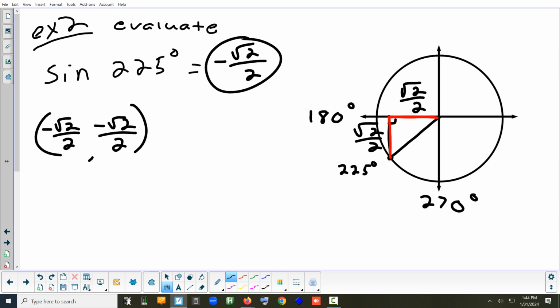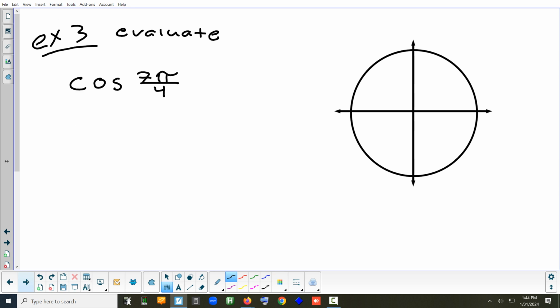All right, let's try 7 pi over 4. Well, let's start with this. We did that earlier. What's pi over 4? 45 degrees. So this is definitely a multiple of 45. It's 45, and it's the seventh multiple.